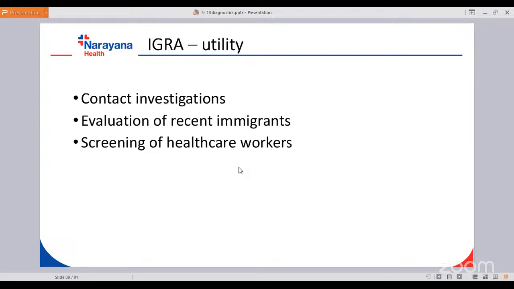When will you use an IGRA? You'll use an IGRA for the same reasons you use a Mantoux test: contact investigations, evaluation of recent immigrants, and screening of healthcare workers. One more concept that I want to very quickly give you. The utility of IGRA or TST is also that, in the one-third of us who are positive, you pick up a population who are likely to progress to active TB.